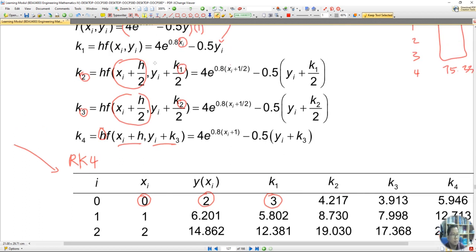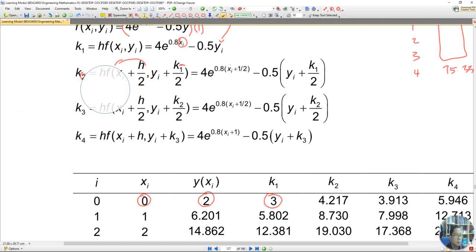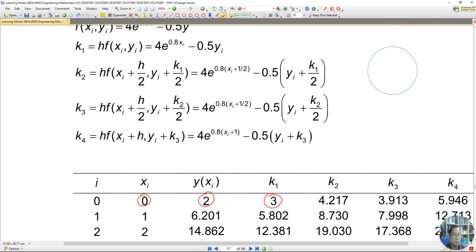And then the same goes to k2. For k2, how we get this number 4.217 is based on this one: 4 multiplied by e power of 0.8 times x, where x is 0, plus h over 2. H is 1, over 2.